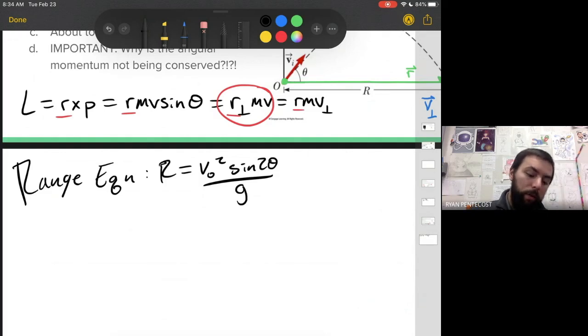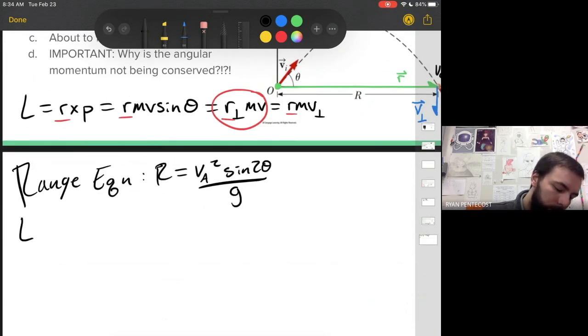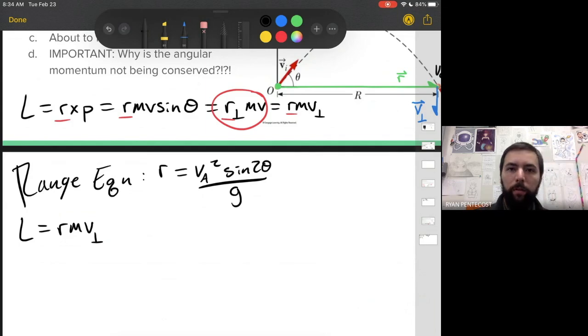Now, to put that in terms that we are going to use for this problem, that would be VA, because we're saying VA is our initial. So that, right off the bat, L equals R M V perpendicular. This is our R vector. We're just going to use VA squared sine 2 theta over g.